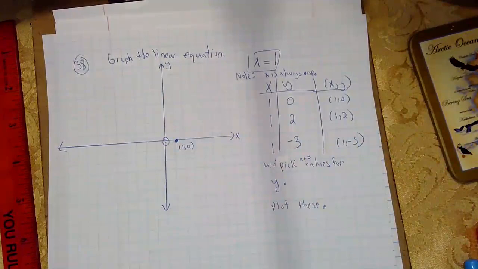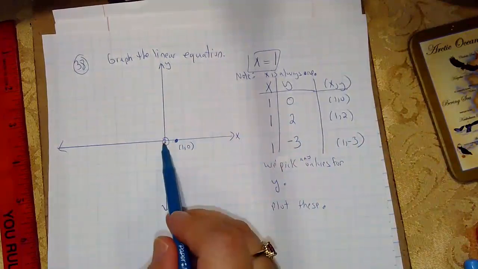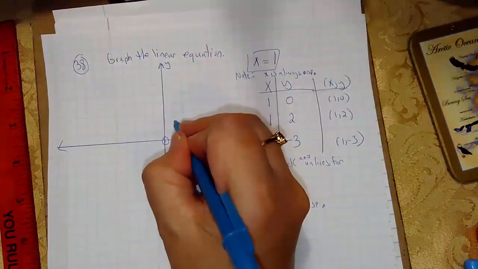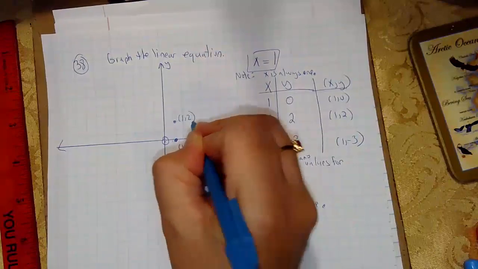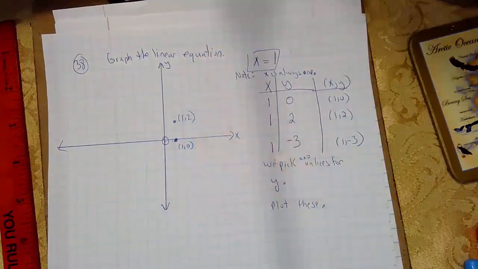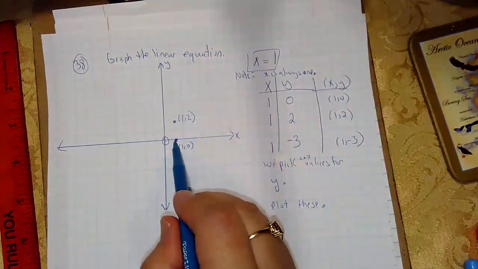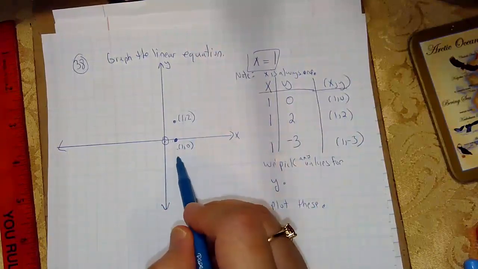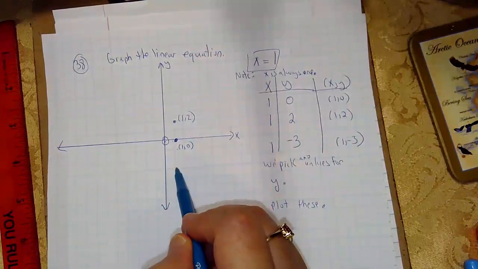Then I have 1, 2, so I go to the right 1, and up 2. And I have 1, -3, so I go to the right 1, and down 1, 2, 3.